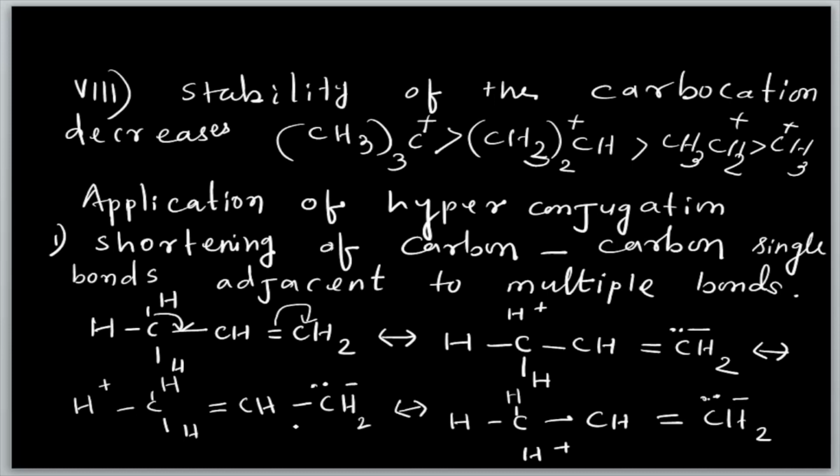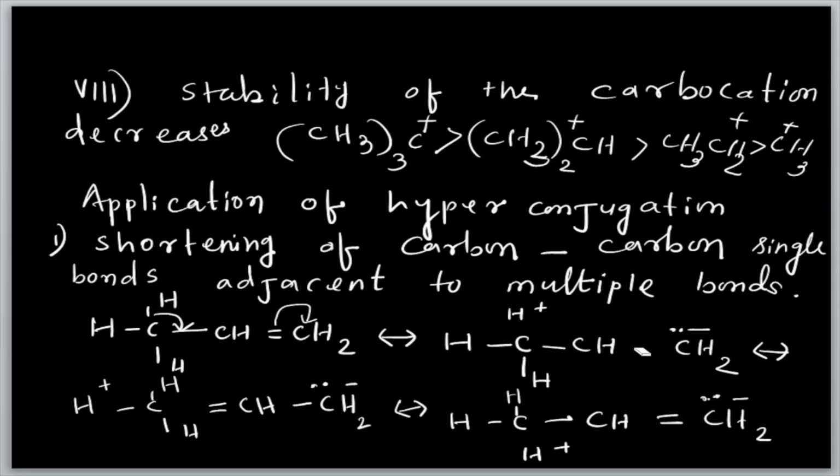Similarly, this one becomes a single bond, this one also a single bond, this one also a single bond, and here this becomes double. So again you have to correct this one. See here, what is the correct one? Since the sigma electron is localized here, it becomes a double bond, and here it becomes a single bond.